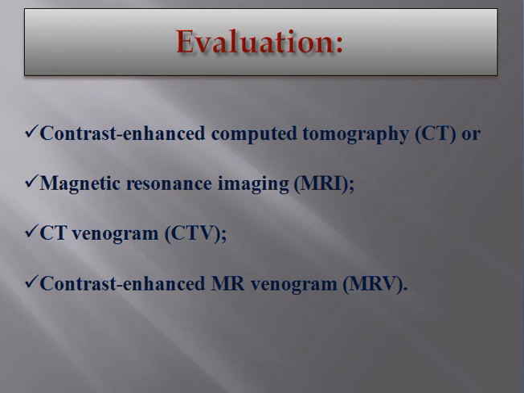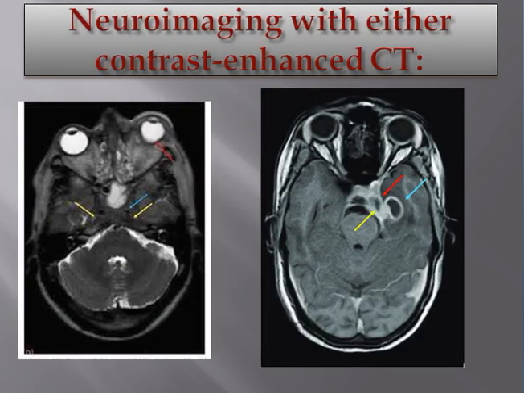CT and MR venography can detect dilation of the cavernous sinus, enhancement and convexity of the lateral wall, which is normally concave on coronal views, heterogeneous and asymmetric filling defects after contrast, increased density of orbital fat, thrombosis in the superior ophthalmic vein or veins, and tributaries leading to the cavernous sinus.